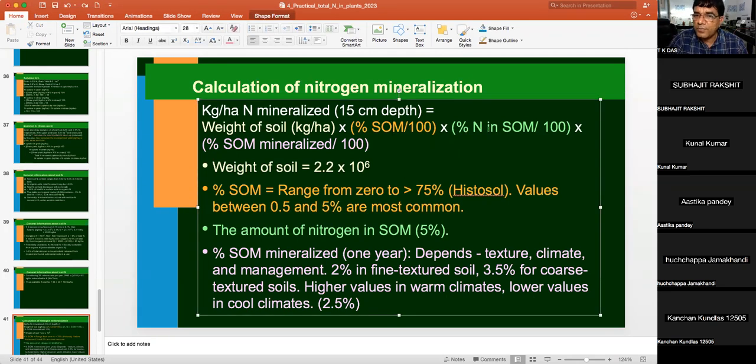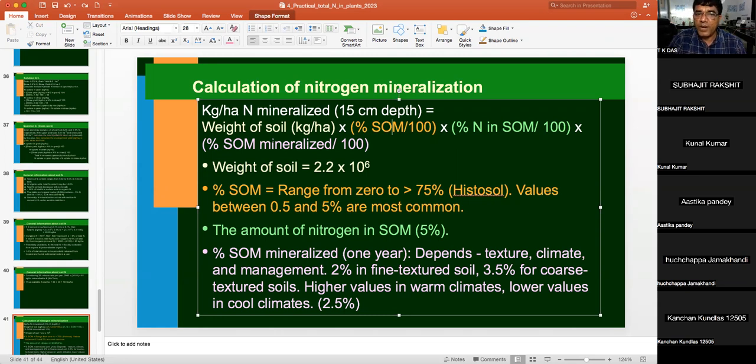Then what percentage of nitrogen in soil organic matter is present, multiplied by percentage of soil organic matter mineralized, that is readily oxidizable. So these are 4 things you can multiply with each other and you will get the kg per hectare nitrogen mineralized.